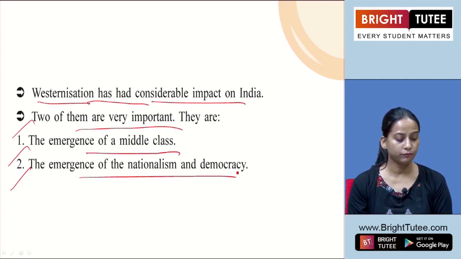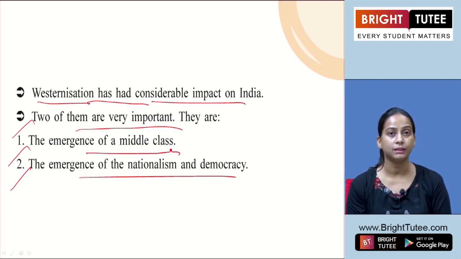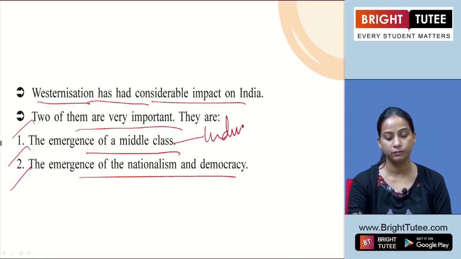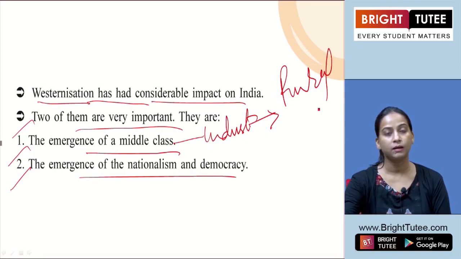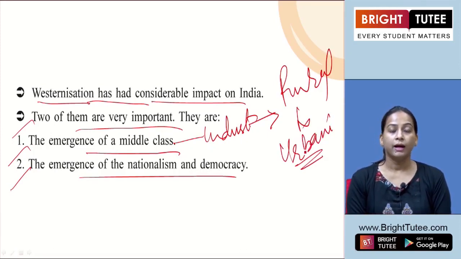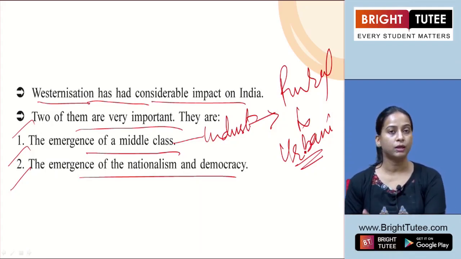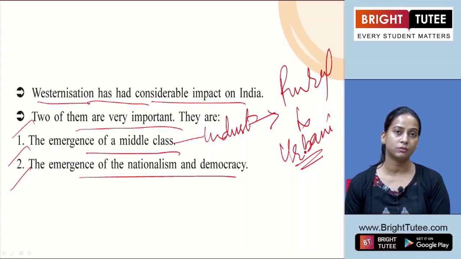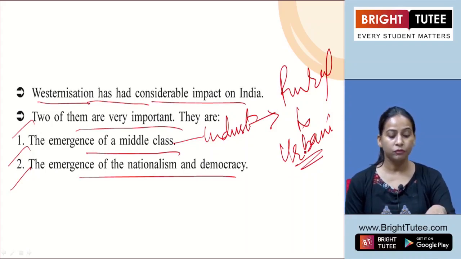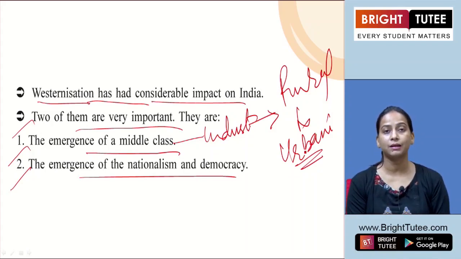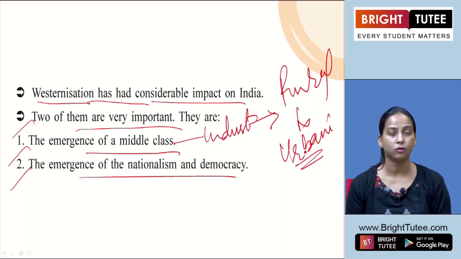If we talk about the first one, the emergence of the middle class, it was the time when industrialization was introduced and people started shifting from rural to urban areas. When people moved from the agricultural sector to factories and industries and changed their occupation, that class emerged as the middle class.